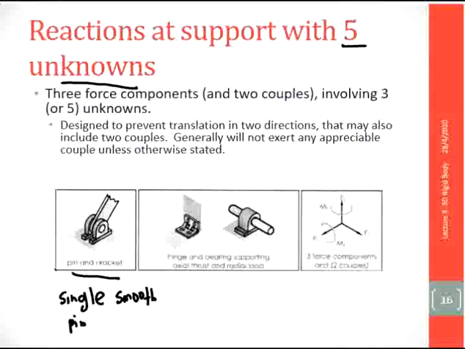Okay, this one is a hinge, and also a bearing supporting axial thrust and radial load, which previously we called a single thrust bearing. So this is a hinge and a single thrust bearing.